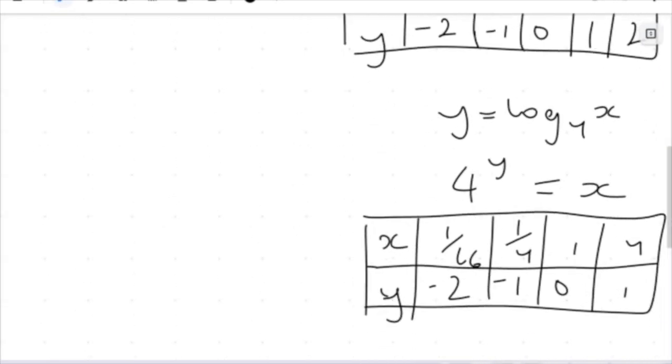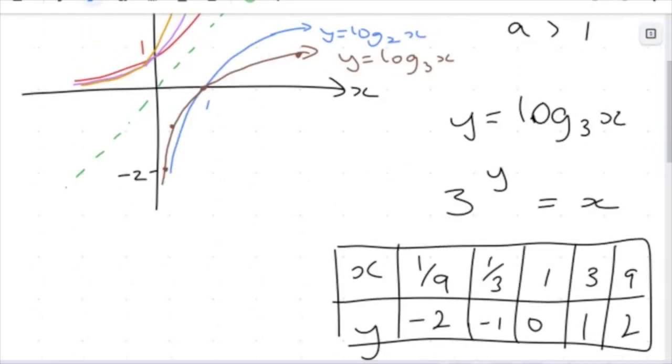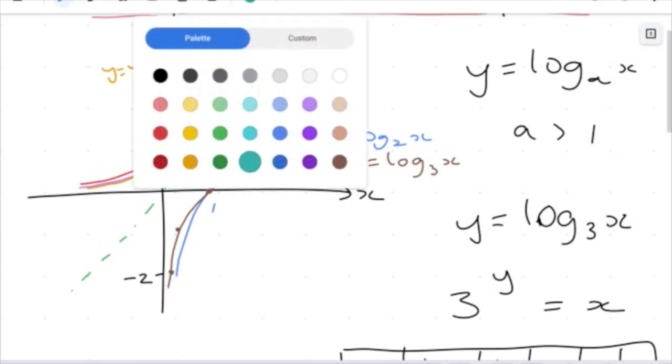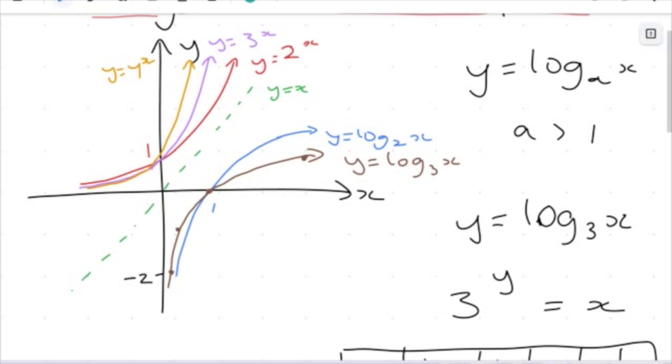So if I were to graph this guy over here, I'm going to get something that looks like this. We're going to have the same intercept once again, but my values here are going to be slightly different. And I'm going to get something that looks, let's try that again. This is going to look kind of like this.